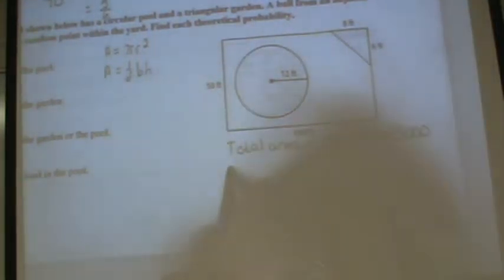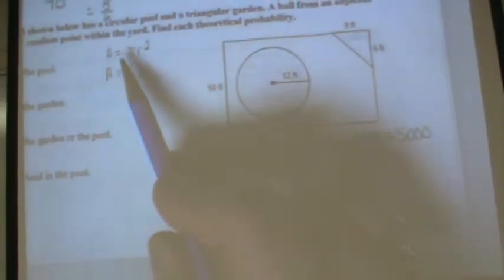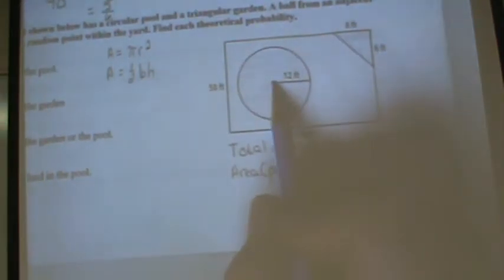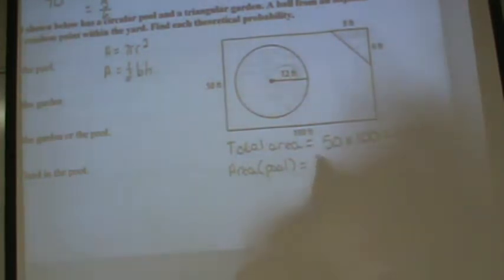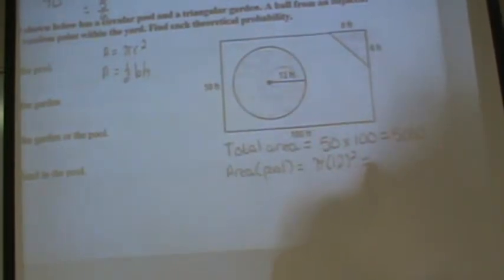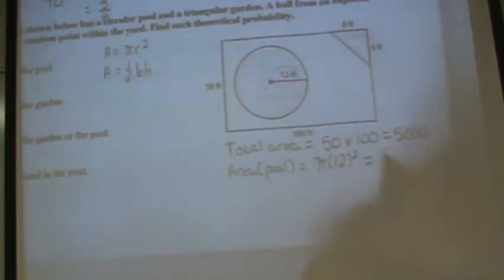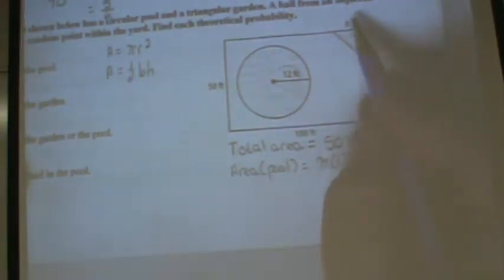And then we'll find the area of our pool, which is our circle here. And our area formula says pi r squared. Our r is 12 feet. So it's pi times 12 squared. So we can just leave that as 144 pi. And then we need to find the area of our garden, which is this triangle in the corner.